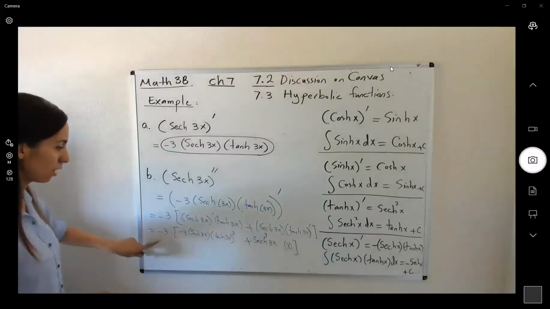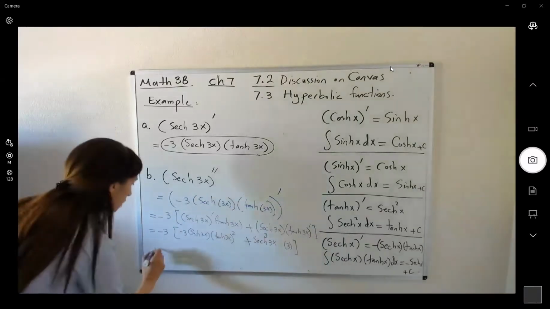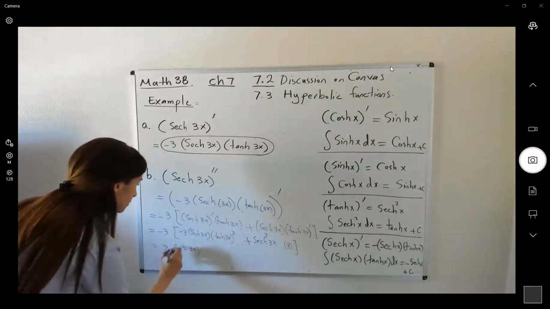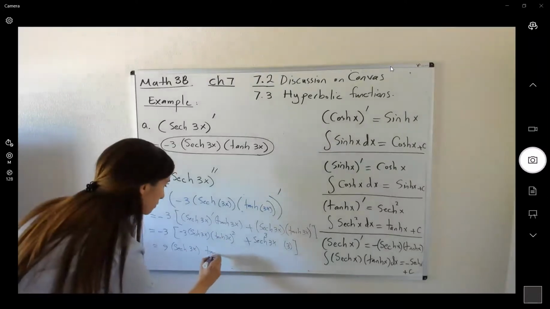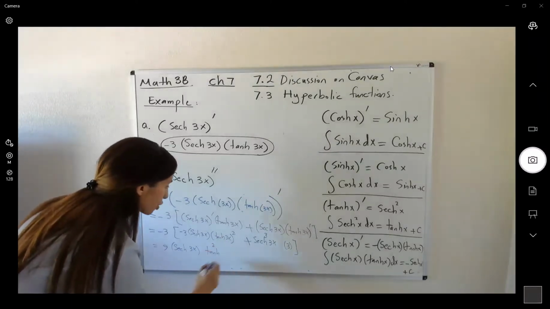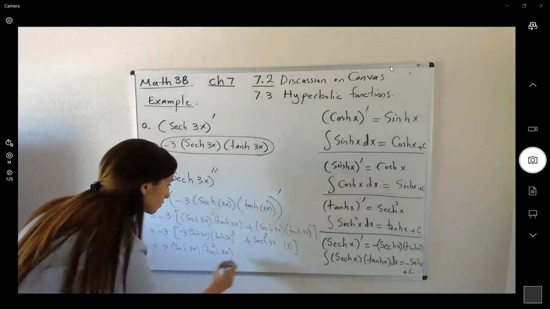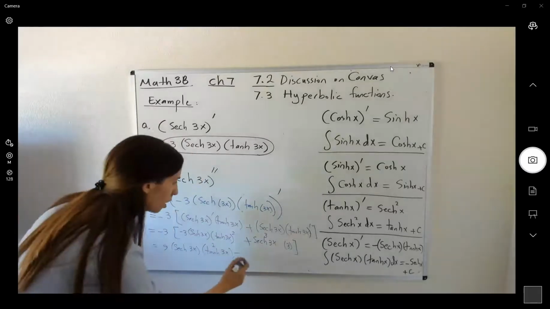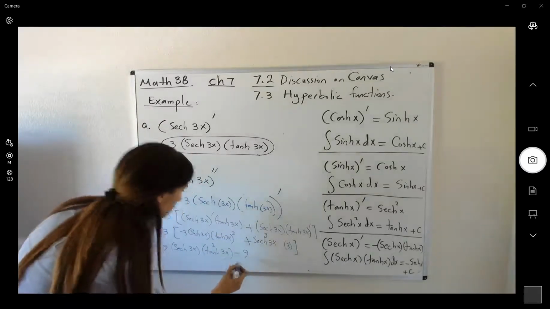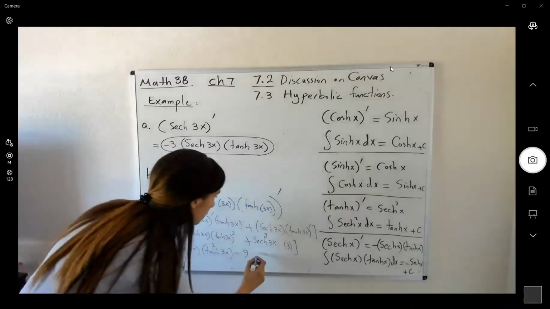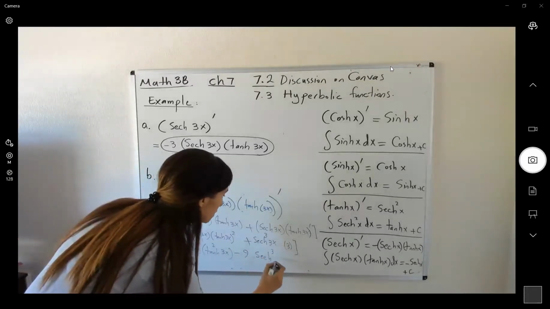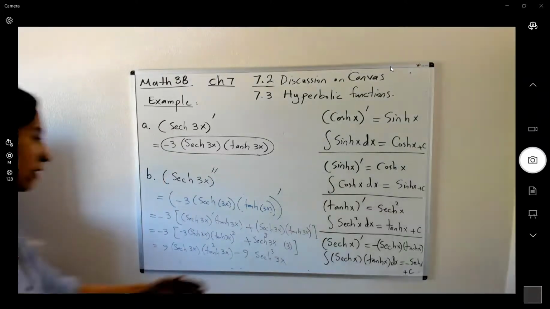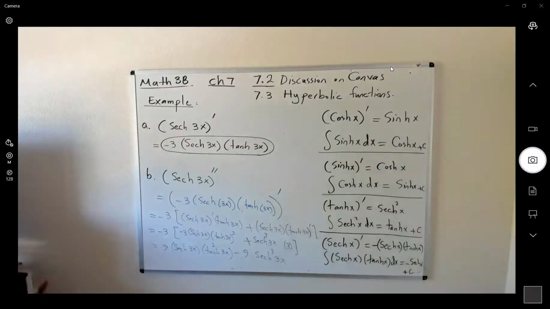Here you have distribution of minus 3. You get 9 hyperbolic secant 3x times hyperbolic tangent squared of 3x, minus negative 3 times 3 gives you minus 9 hyperbolic secant of 3x raised to the third power. Here you can factor out hyperbolic secant and simplify this more.